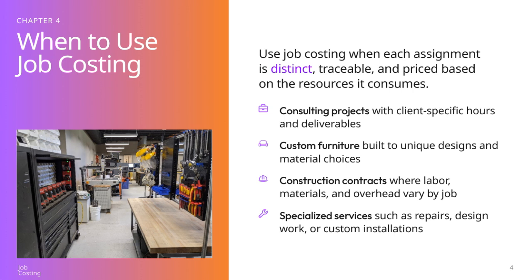Construction contracts also benefit from job costing since labor, materials, and overhead can differ significantly depending on the specific project. Finally, specialized services like repairs, design work, or custom installations are ideal candidates because they require careful tracking of the resources applied to each individual job. Essentially, job costing lets you assign costs precisely, helping you gauge profitability for each distinct project.